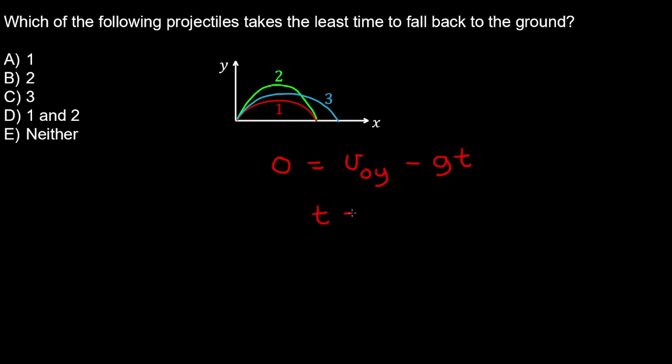So the time only depends on the vertical component of the launch velocity and the gravitational acceleration. And we're asked for the projectile that takes the least time to fall back to the ground. So that's projectile 1, which will have the smallest vertical component of the launch velocity. So the correct answer is A.